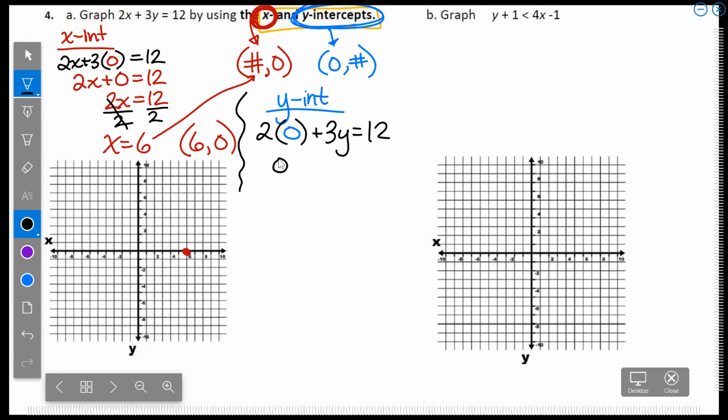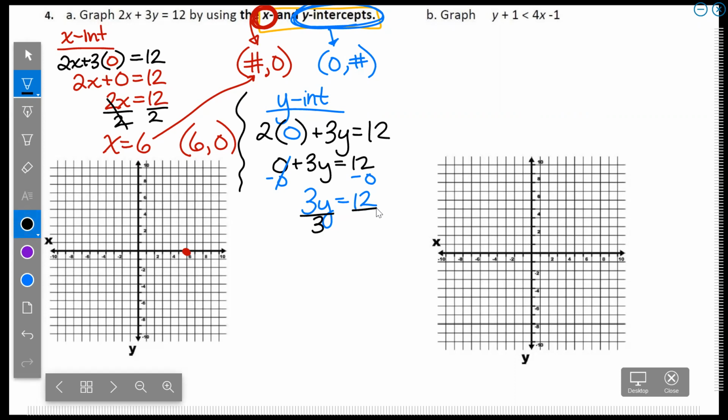0 plus 3y equals 12. What happens if I minus 0 from both sides? Stays the same. 3y equals 12. I want to get y all alone.